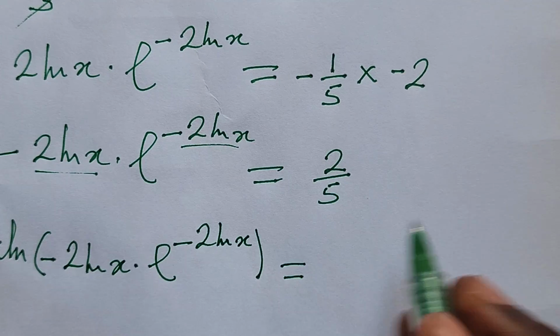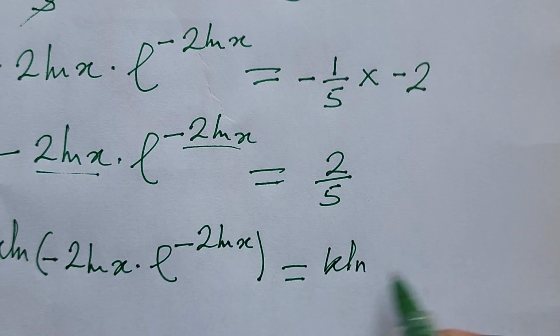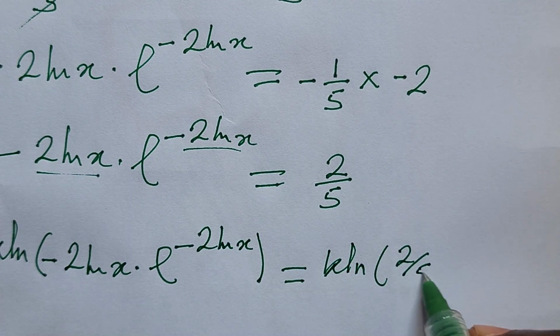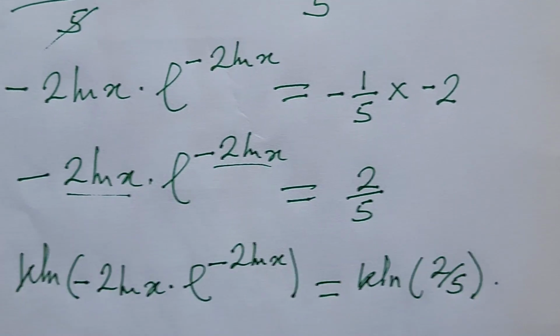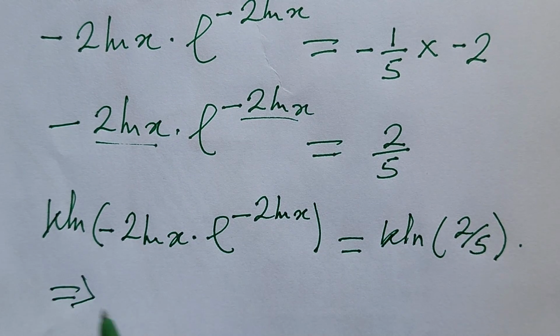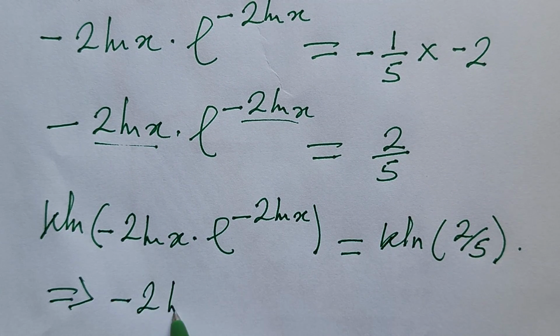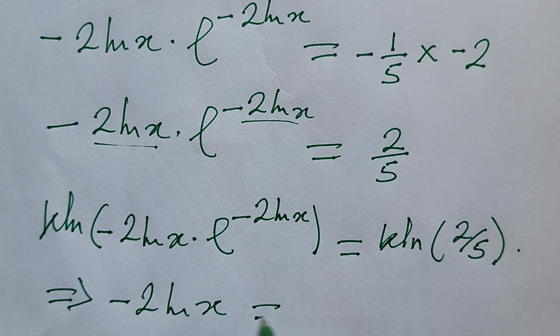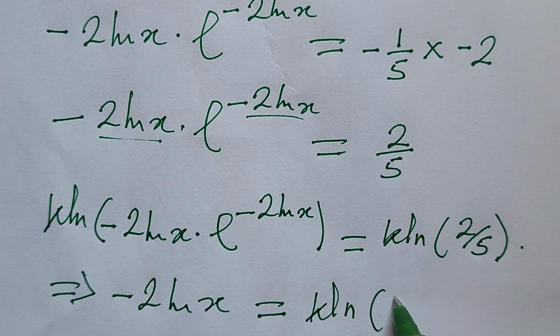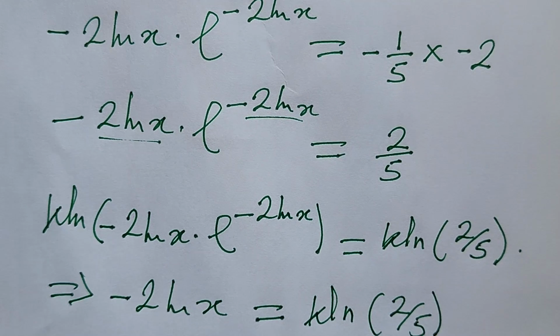This is equal to, we do the same thing here, the Lambert W_n function of 2 all over 5. So this implies minus 2 ln of x is equal to the W_n function of 2 all over 5.